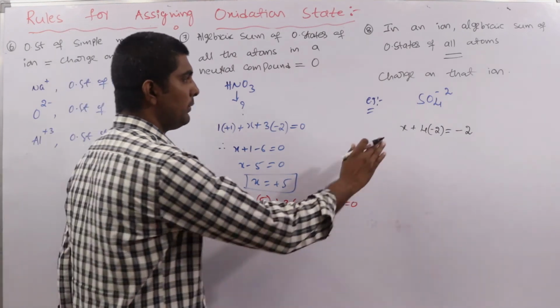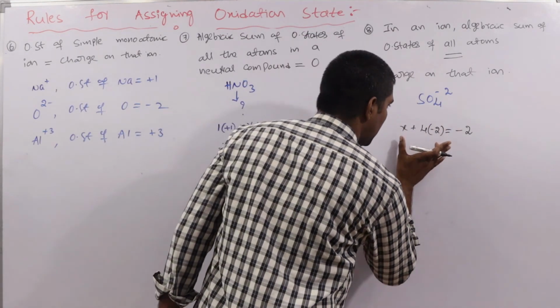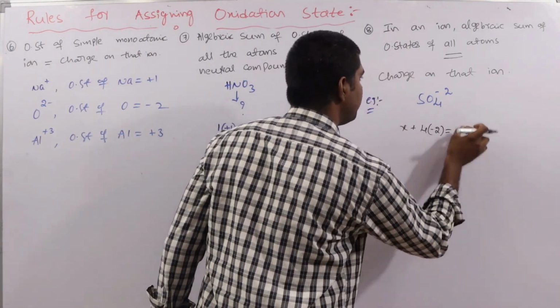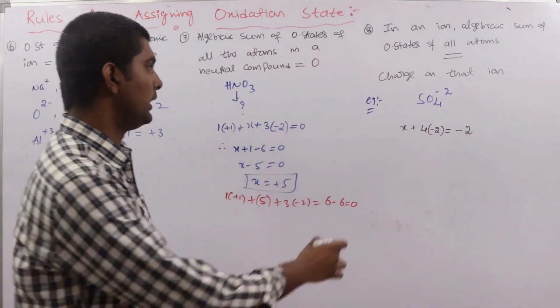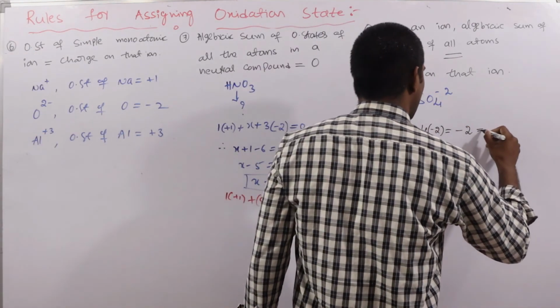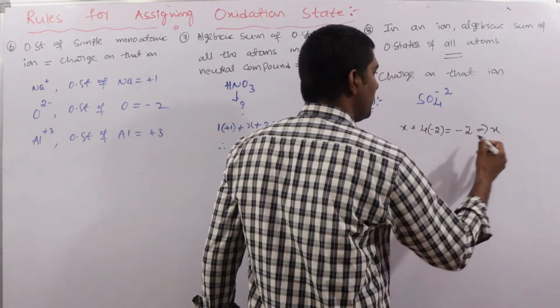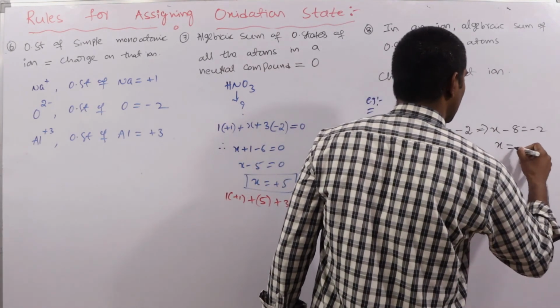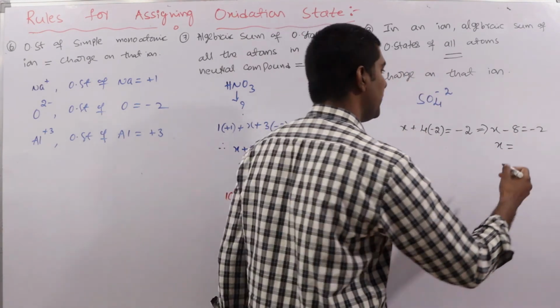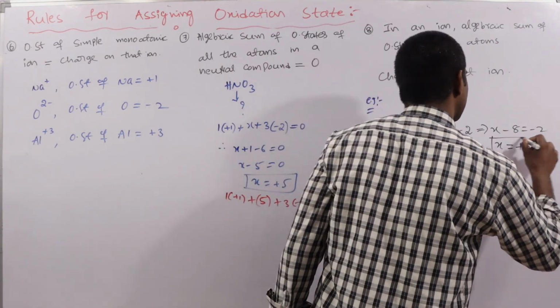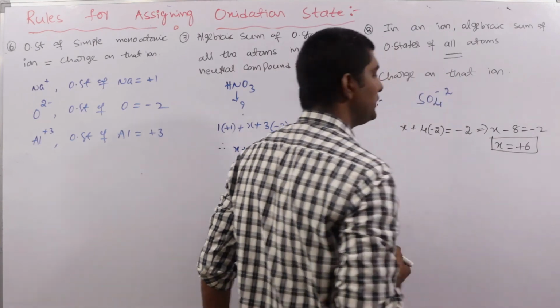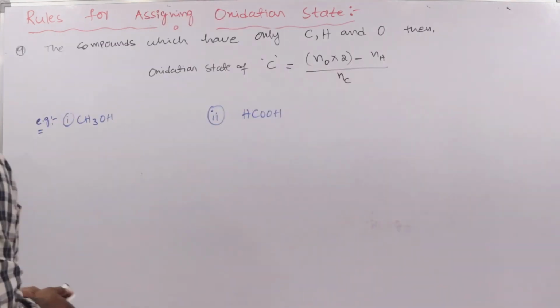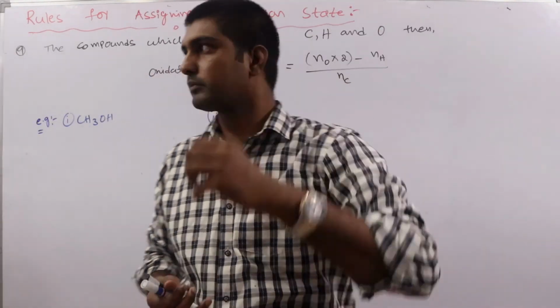So the sum of the oxidation states of all the atoms is equal to the charge present on that ion. So here we get X + 4 into -2, that is -8, equal to -2. If you take this to the other side, that becomes +8, and +8 - 2 gives +6. So the oxidation state of sulfur is how much? +6.